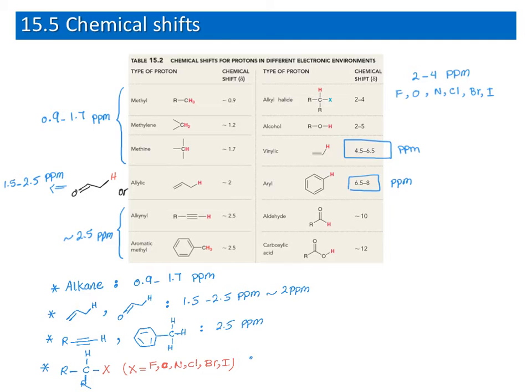So we expect to see that somewhere between 2 to 4 ppm. Sometimes you may see that it appears more than 4 ppm, at around 4.5 as well.